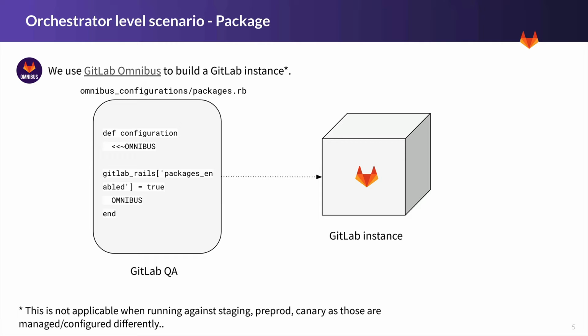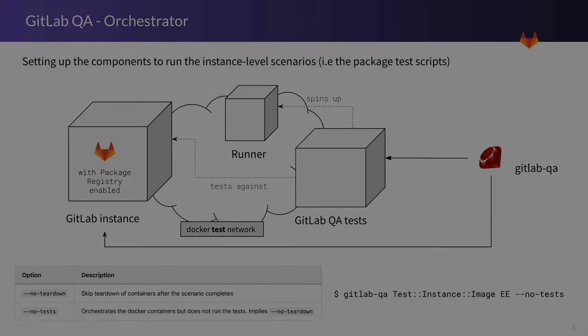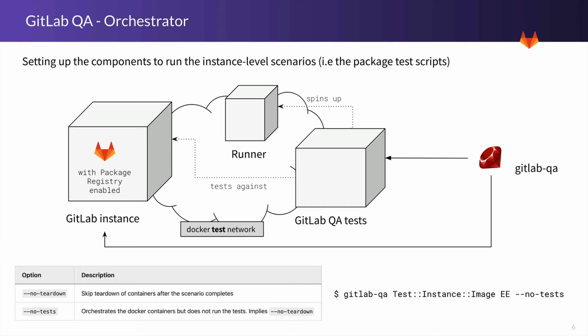So we have a scenario where we organize the configuration for the GitLab instance, and then we have the orchestrator. And this is basically the GitLab QA, where the real magic is, and where I think that the end-to-end level really shines, because it does really orchestrate several components that are needed to really test the full end-to-end user flow experience.